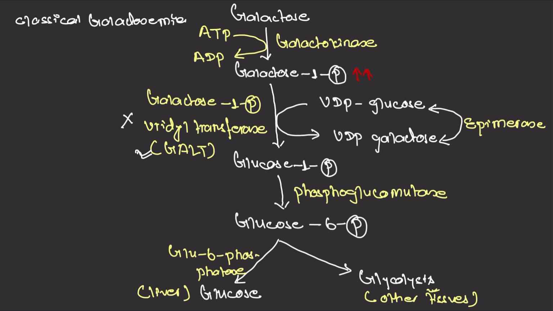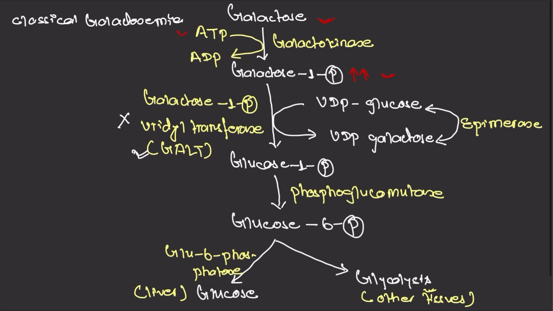Galactose is converted to galactose 1-phosphate, and in the first reaction you are consuming ATP. Here the defect lies in the second step, so galactose 1-phosphate cannot be converted to glucose 1-phosphate. So there will be accumulation of what? Galactose 1-phosphate. Basically, inorganic phosphate is trapped in the form of galactose 1-phosphate.